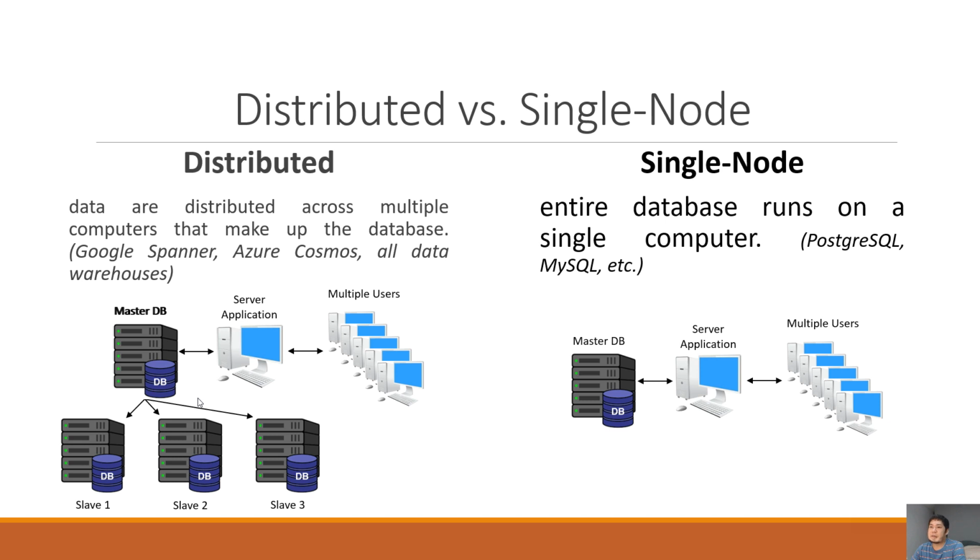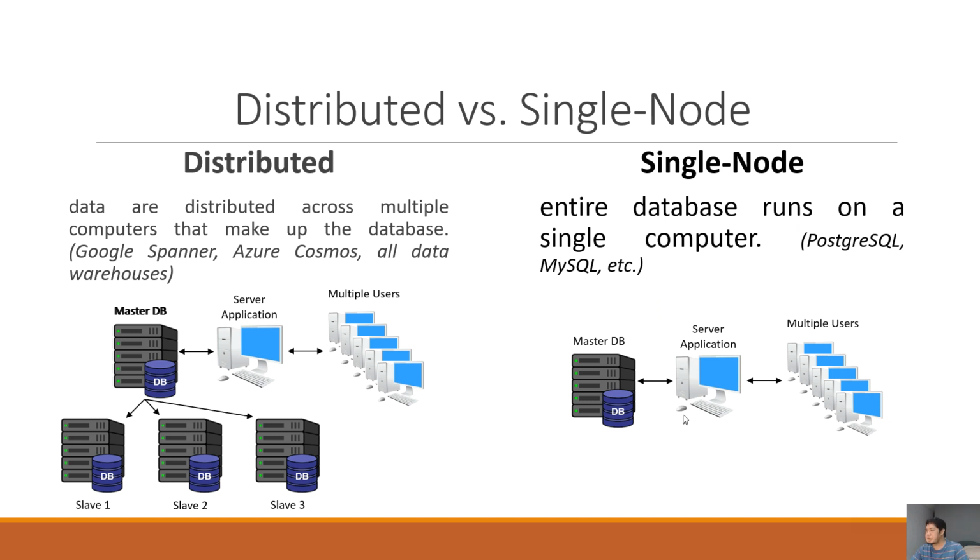Among the distributed databases are Google Spanner, Azure Cosmos, and all data warehouses. Now, in contrast to a distributed database is the single node database, where the entire database runs on a single computer.